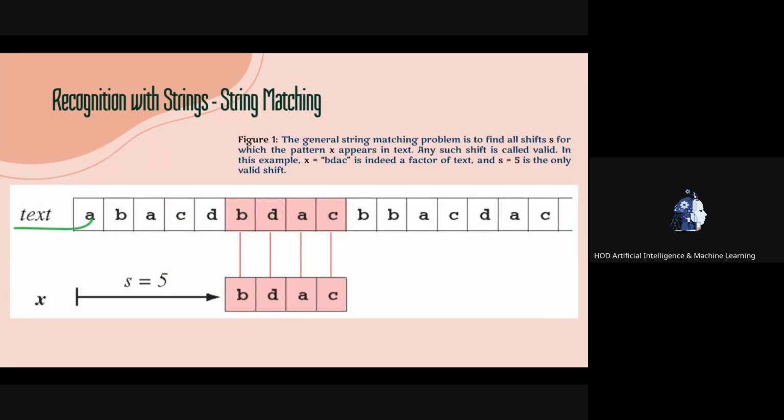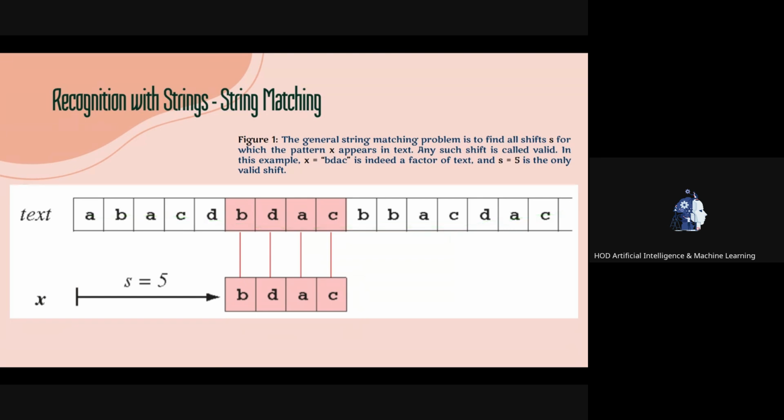And now you have something called X, which is a string. This is a pattern that I want to match from the given text. Please note that the problem given to me is string matching.